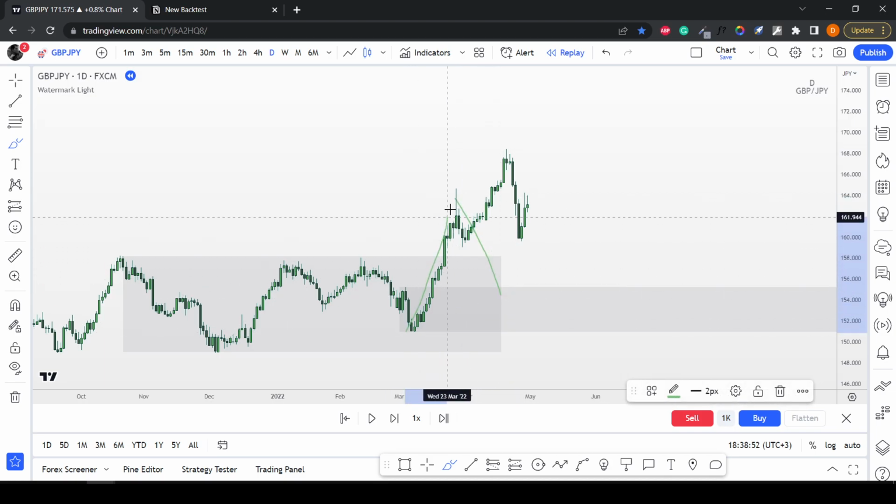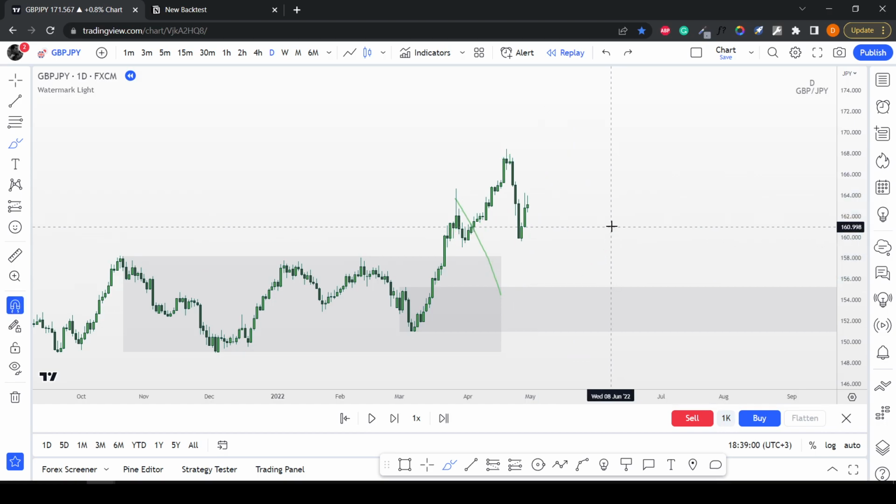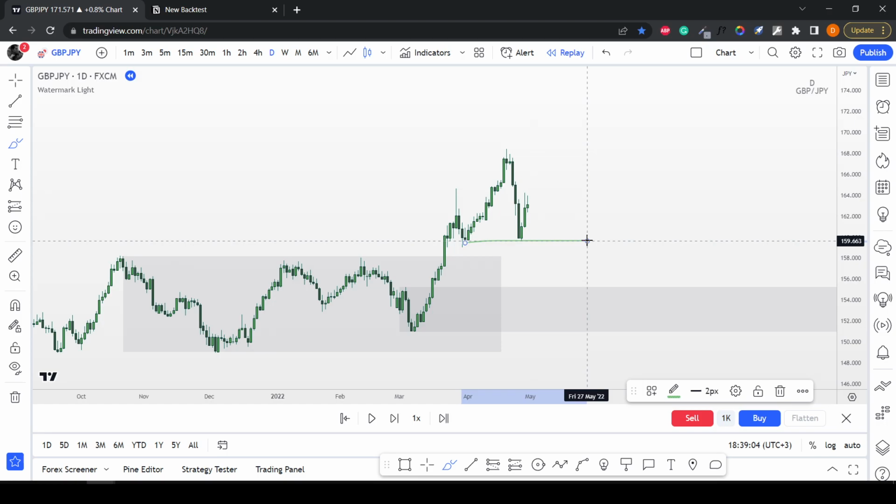It would be even better. So like this, and then this break, and then full mitigation, and now moving higher. But until this one holds, I will still look for longs. If it breaks, I will look for shorts into this zone.